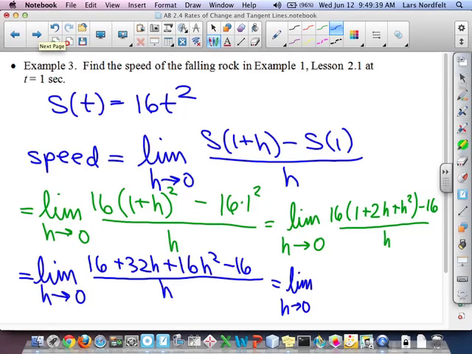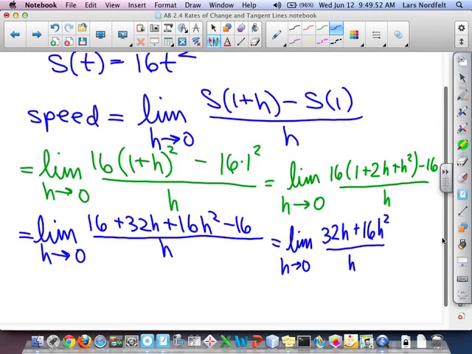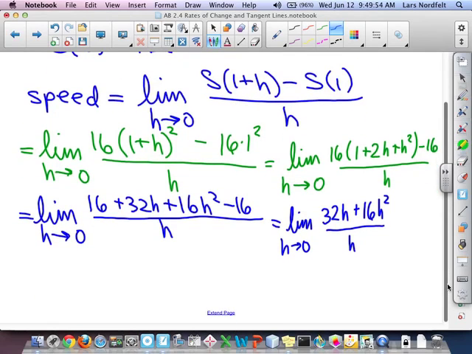Those 16s cancel, so I have 32h plus 16h squared, all divided by h. Any ideas what to do next?